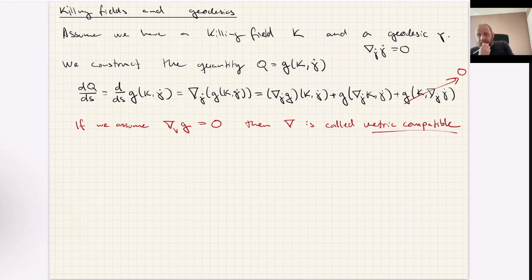And what this means in essence is that when you parallel transport anything along a curve, the inner products and so on are going to be preserved.